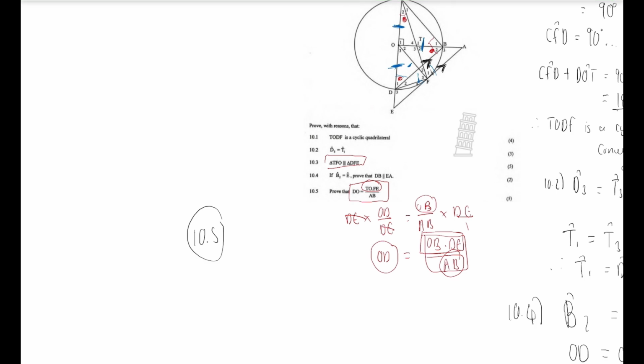So if triangle TFO is similar to triangle DFE, therefore TF over DF equals FO over FE, and this equals TO over DE, right?